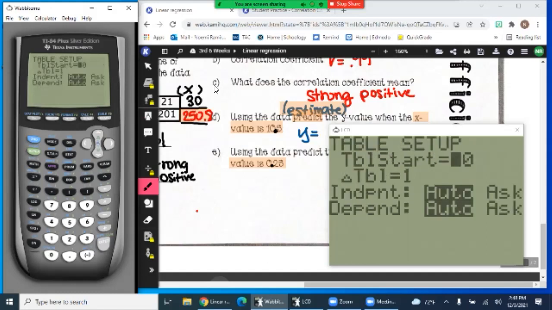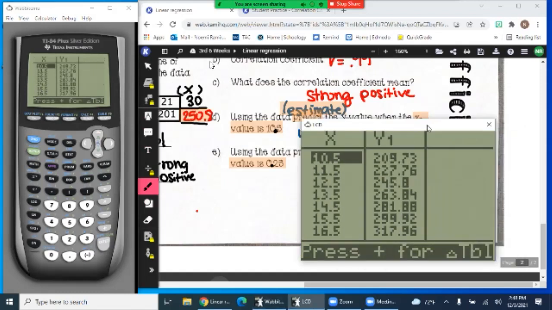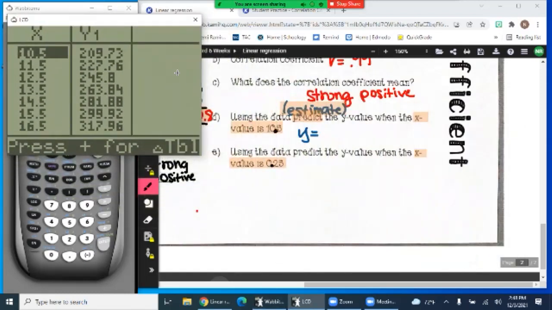Second window. I go straight and put 10.5 where it says start, 10.5. And now I can go to my what? I can go to second table, second graph, and it will take me straight to my answer, which is what? 209.73.